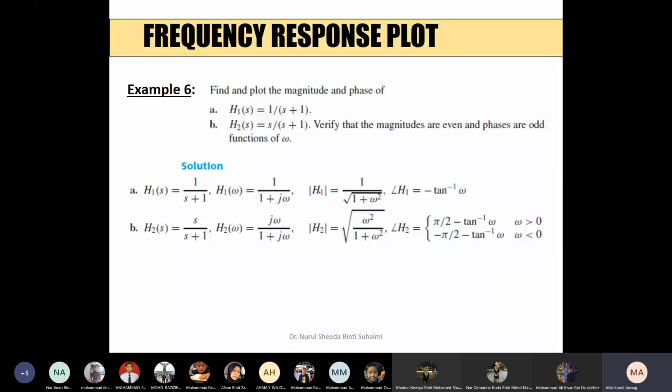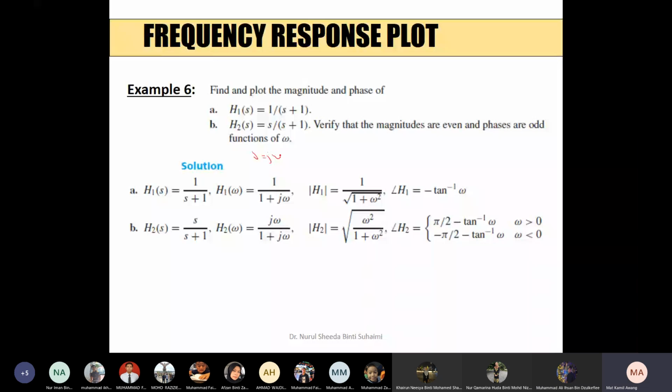So the magnitude of H1 is actually 1 over the square root of 1 plus omega squared, and the phase is minus arctangent omega. Okay, for this one you just transform S equal to j omega, that's all.